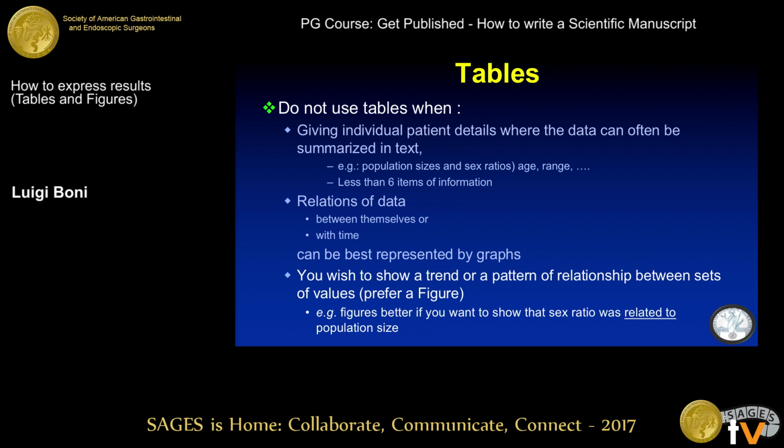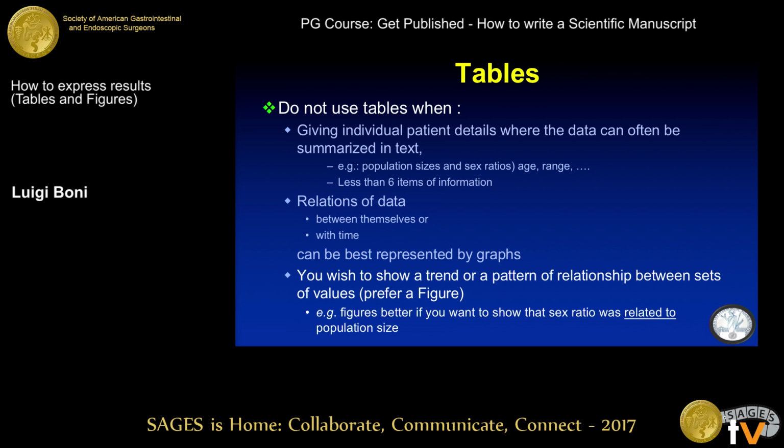You should not use a table when you give patient individual details, you know, population size, sex ratio, age range, and every time you have less than 6 items, you should not put them into the table, but you should discuss and present them in the text.